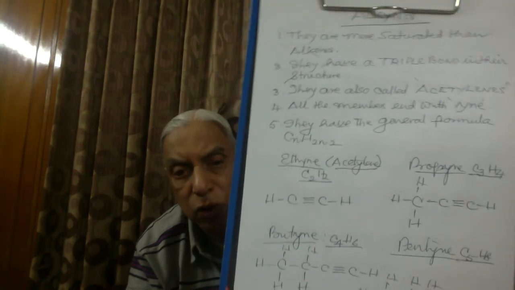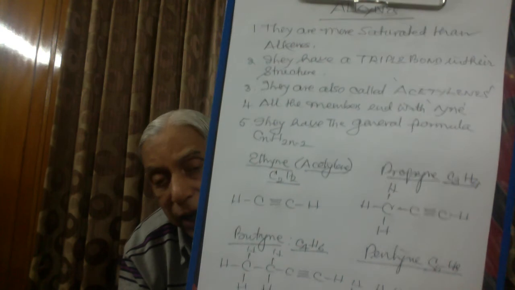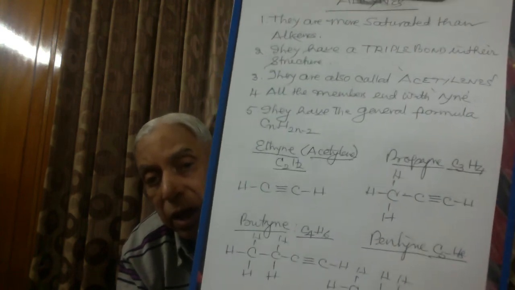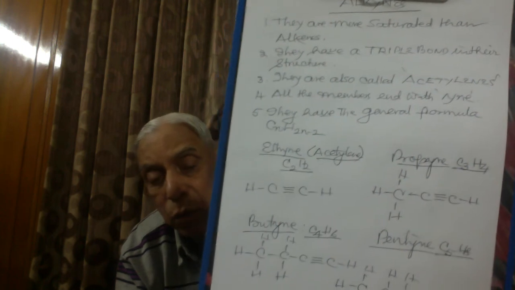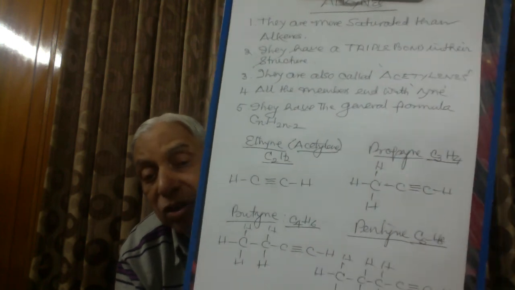At the bottom also you find unpaired electrons. That means they don't have hydrogen atoms there, and therefore you find 2 more bonds along with the single bond there. With the result, you find a triple bond between the 2 adjacent carbon atoms. That's the way a triple bond occurs.